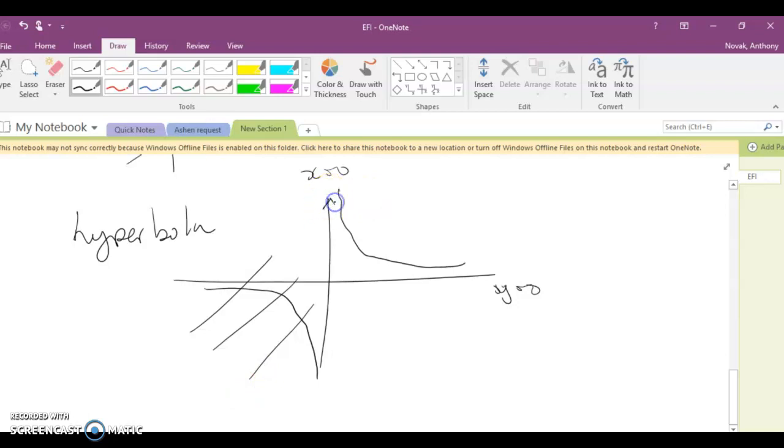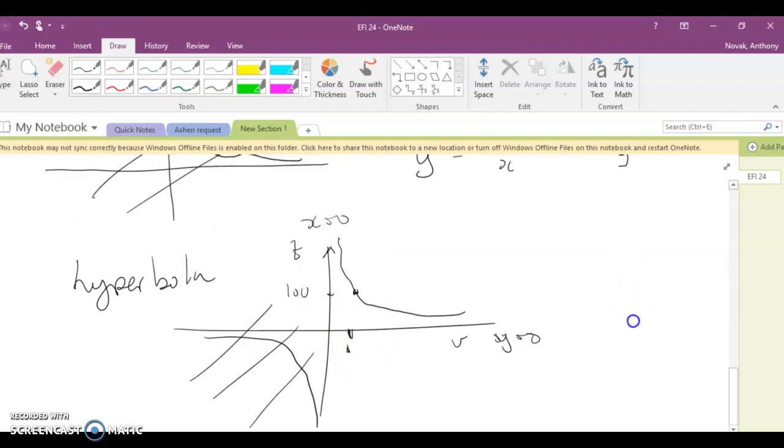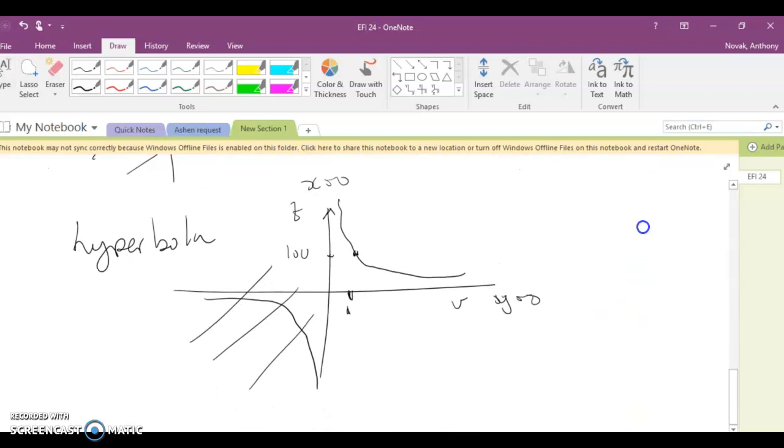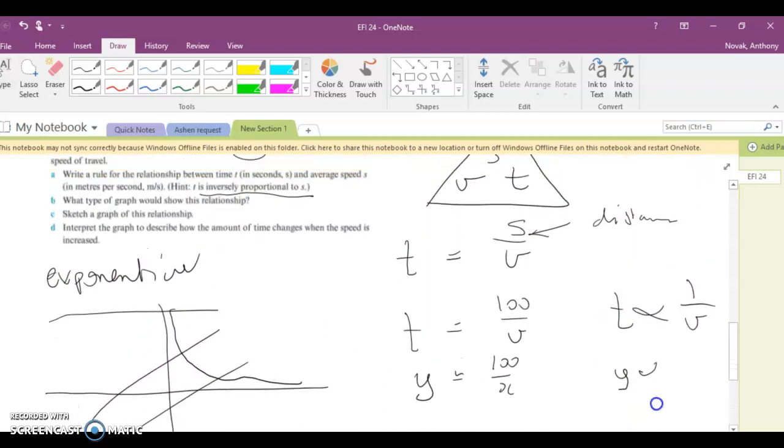And as you say, when v is 1, that's your v and that's your t. 100 divided by 1 is 100. So the velocity-time is 100. And so there is your graph, because remember it has a dilation of 100.